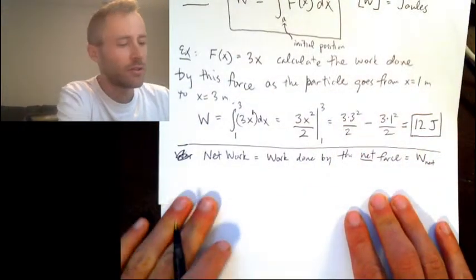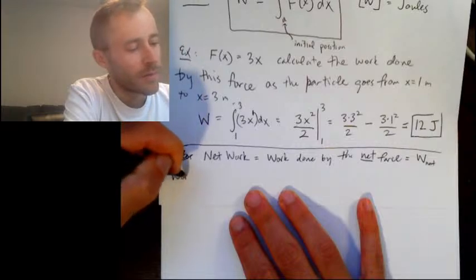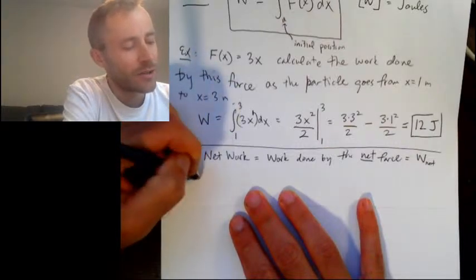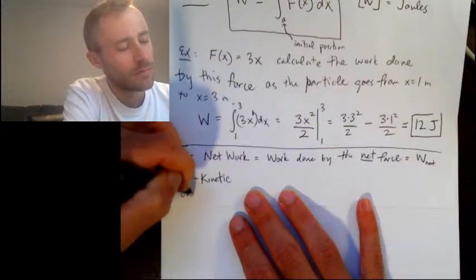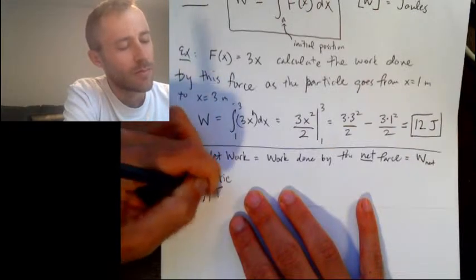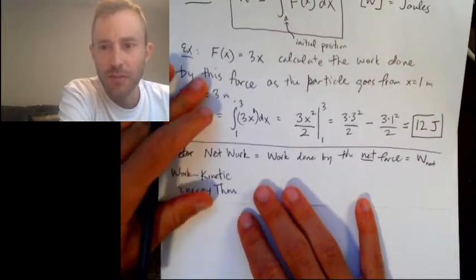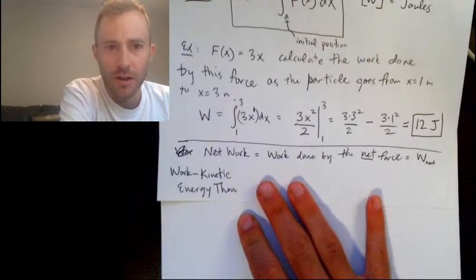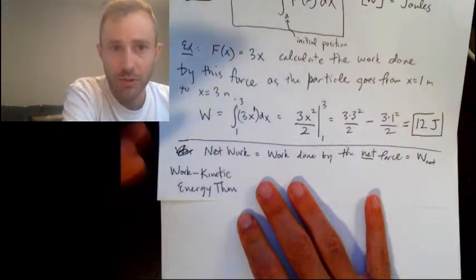And there's a nice little theorem. It is called the work kinetic energy theorem. And I'm not going to prove it. It's basically the same thing as the proof of conservation of energy, but in reverse, so you could probably prove this yourself.